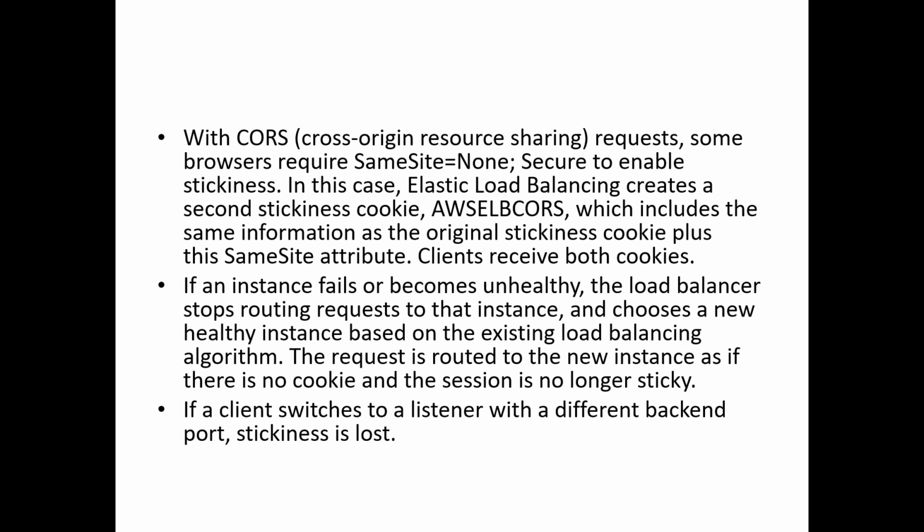And here we can see there are some additional options. This is already there; it is the default algorithm nature, the load balancer nature. If an instance fails or becomes unhealthy, the load balancer stops routing requests to that instance and chooses a new healthy instance based on the existing load balancing algorithm, right?